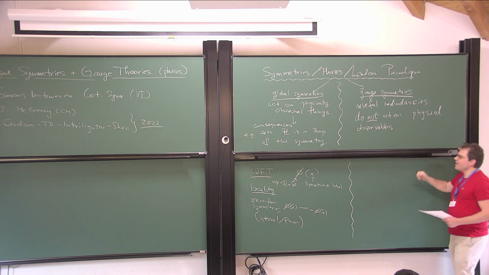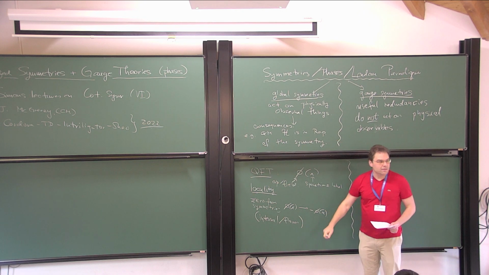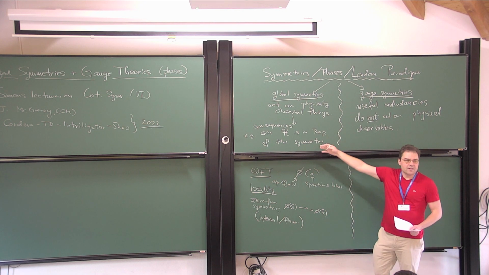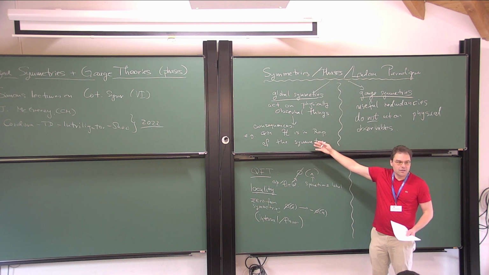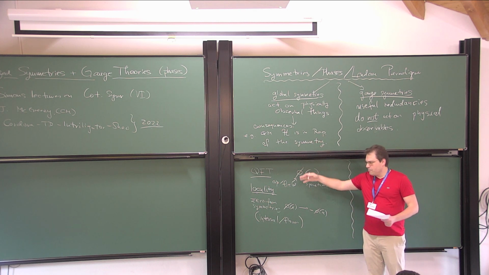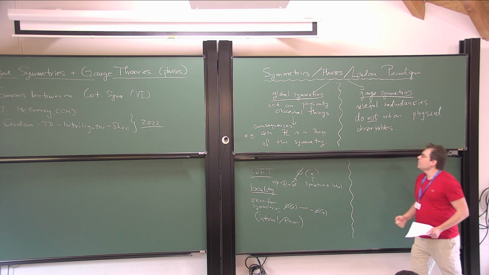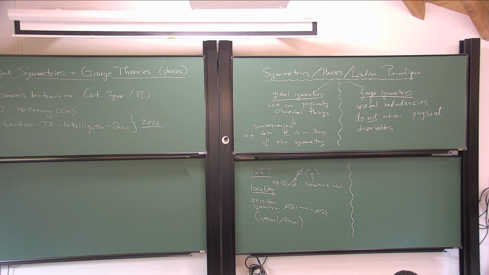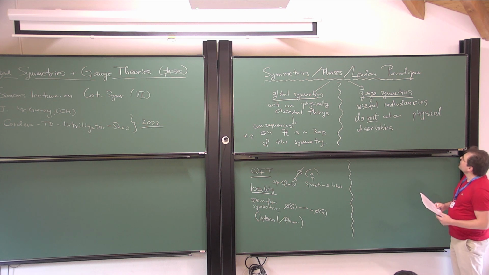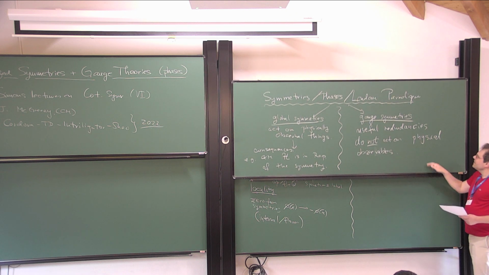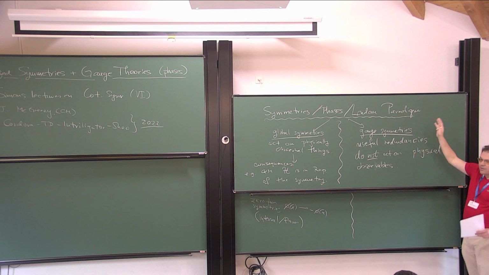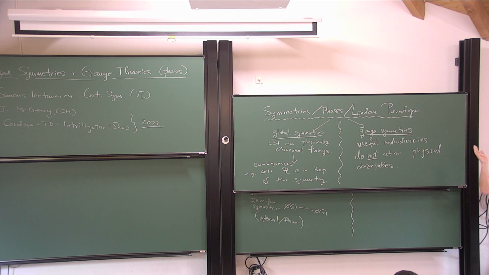So in particular, they have none of these interesting consequences, right? Things cannot be in representations of them because they don't act on anything. And particles can't form multiplets under them, and so forth. So that's something we just have to deal with. Instead, these are exact redundancies of the description that we mod out by, if you wish, at the level of the path integral or at whatever level of the description you prefer.